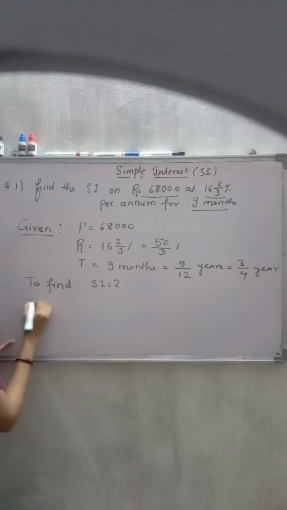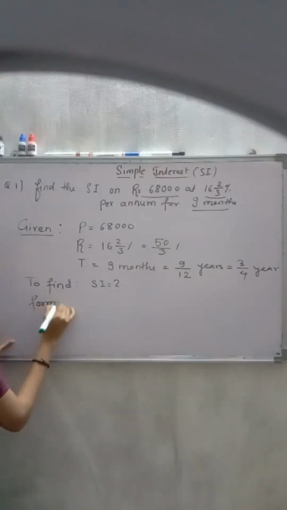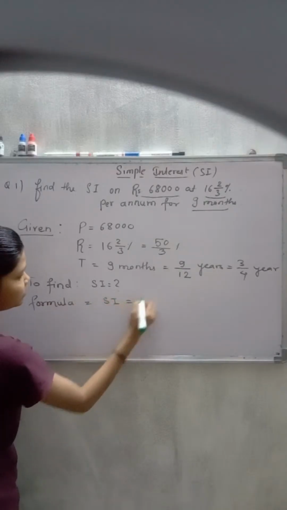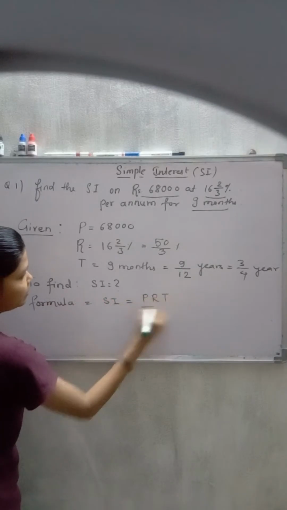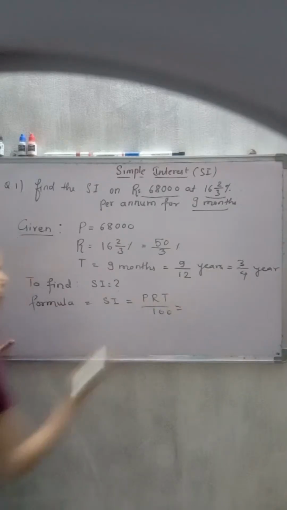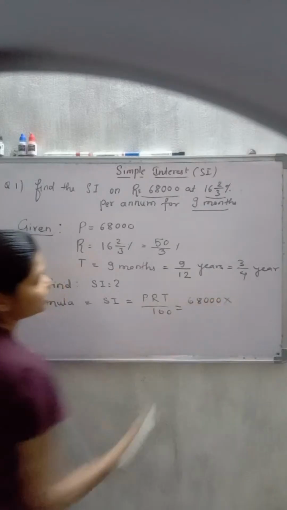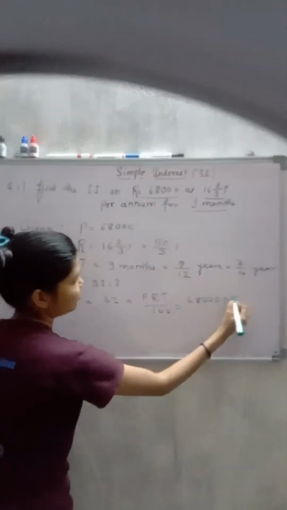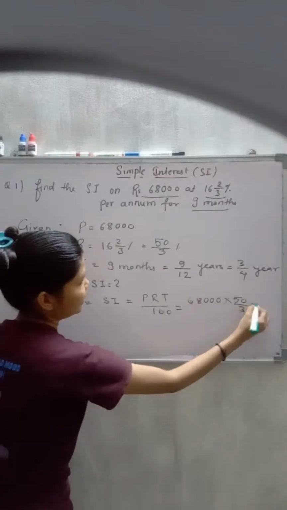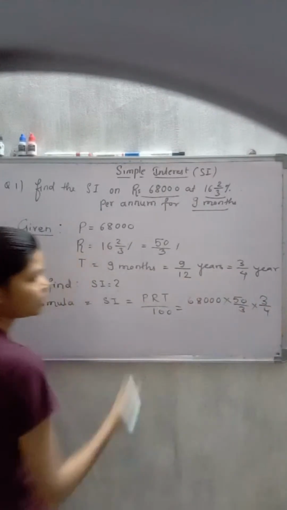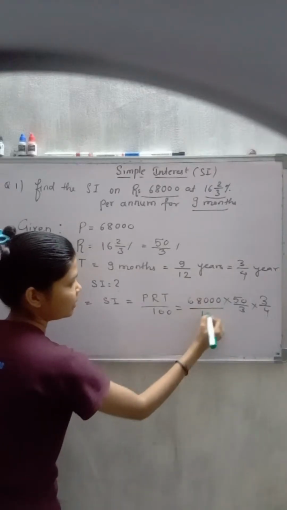So we will use the formula of SI. SI equal to PRT by 100. Principal amount is 68,000. Rate of interest is 50 by 3 into time in years, 3 by 4, and divided by 100.